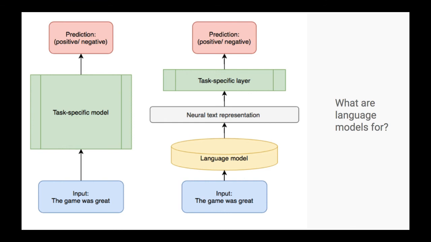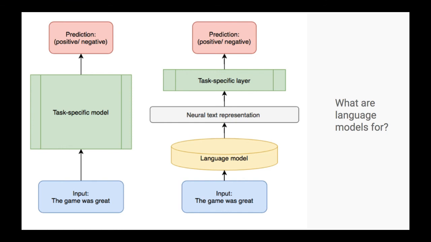Still a lot compared to what GPT-3 needs. But this is the typical way of using language models, and we usually call this process fine-tuning. We have the pre-trained language model, we plug in one prediction layer, and we fine-tune the model to fit the task we want to perform, let's say sentiment analysis. So that's the rough picture of how we can use a language model.